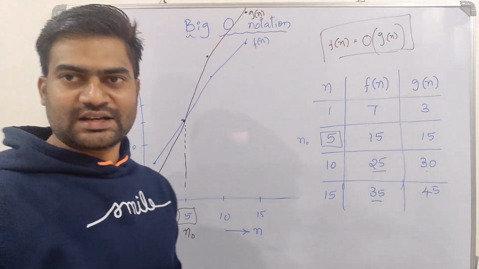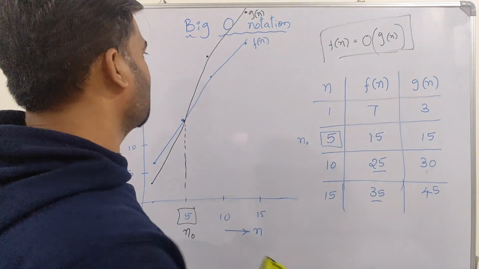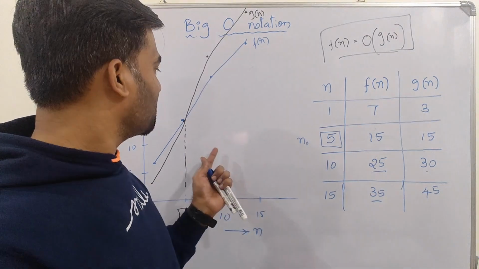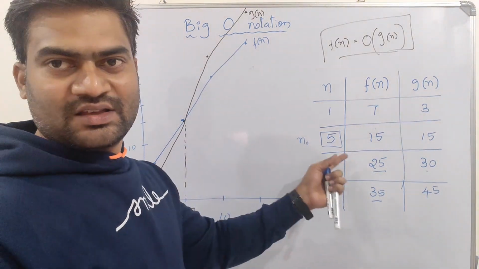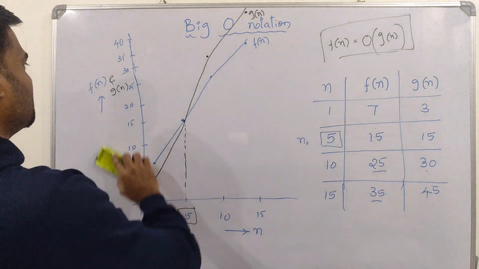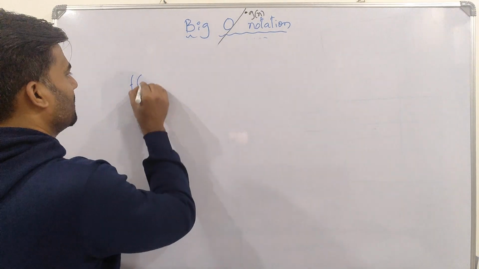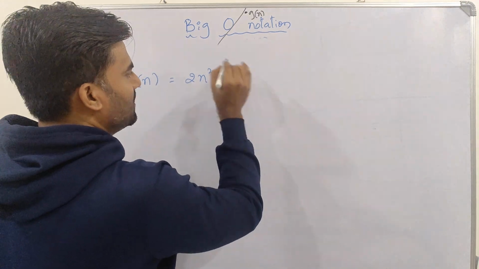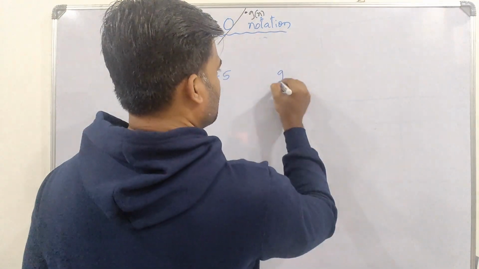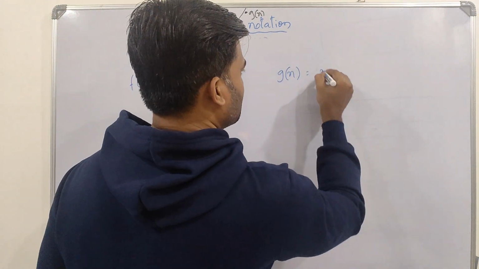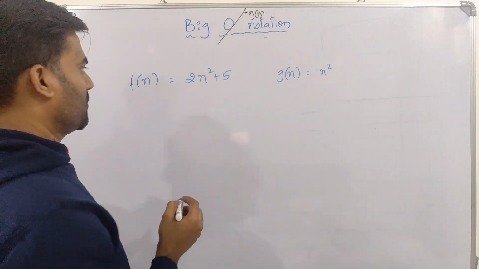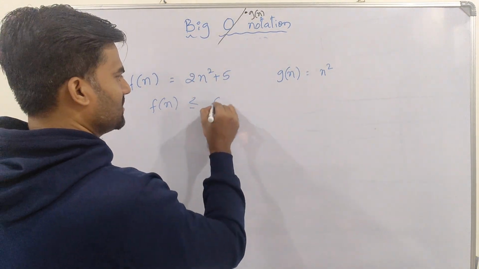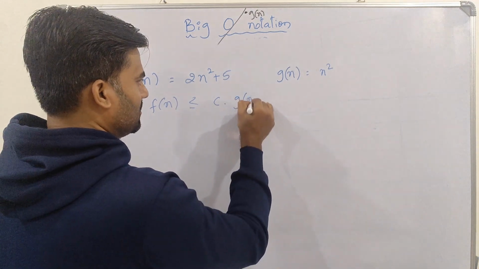Okay, so this is one example. Let us consider one more example to understand this a little bit more. Here I won't go in depth with respect to graph and table, but let us see. Let f of n be 2n square plus 5 and g of n be n square. Then according to the formula, f of n is less than or equal to c into g of n.